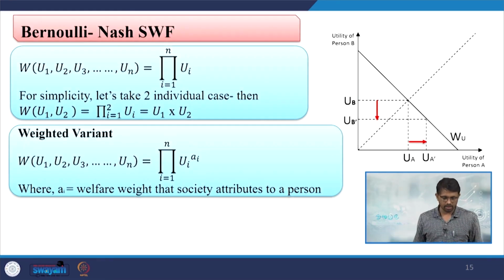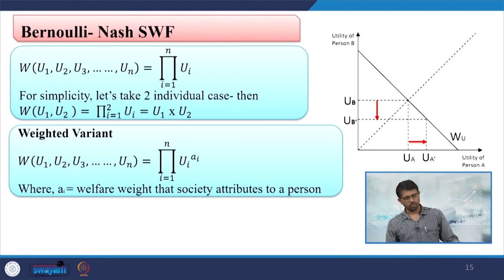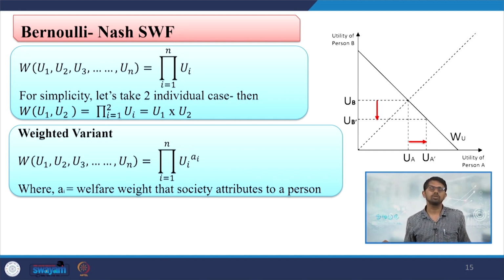Then let us discuss the Bernoulli-Nash social welfare function as per the text from different studies. We collated and observed that Bernoulli-Nash suggested that utility functions are no more additive, they are rather carried as a product.